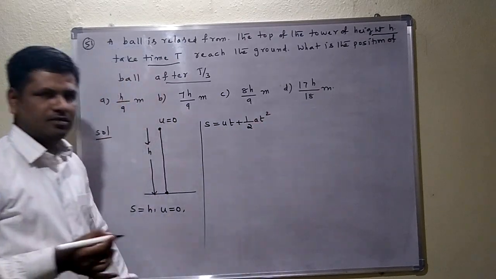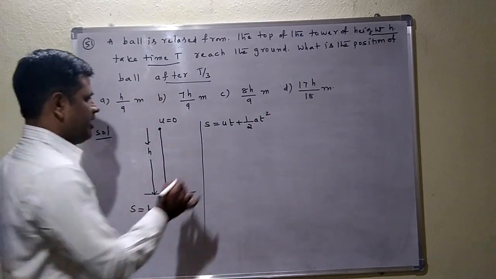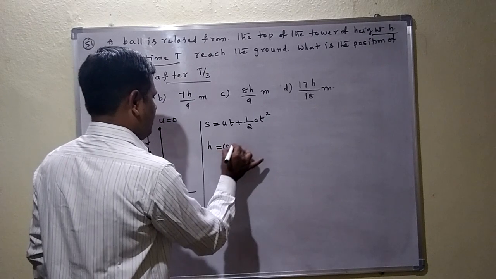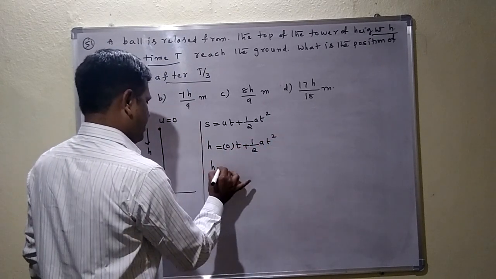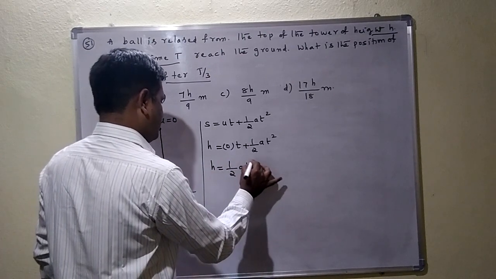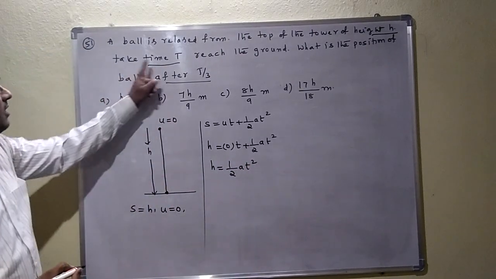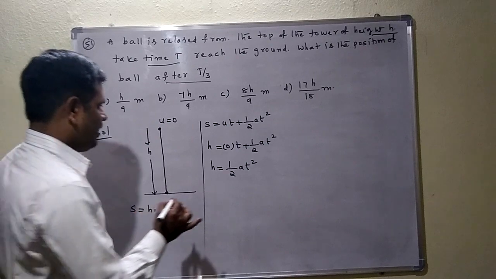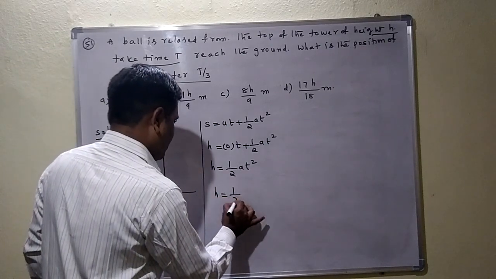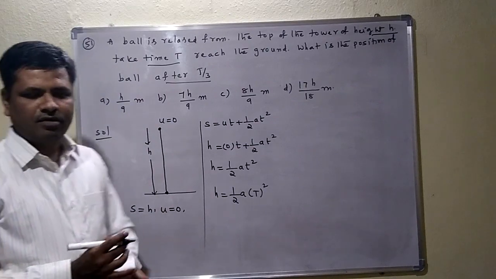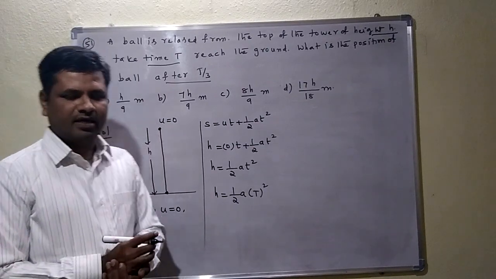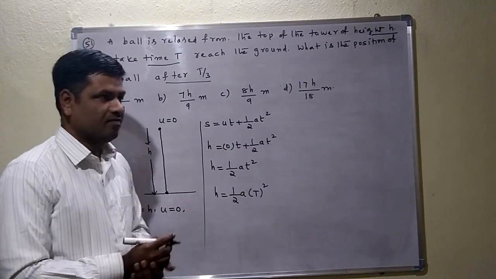Now s is equal to h, 0 into t plus half at square. So h is equal to half at square, this is the formula we are getting. But the time is given as t. So the height h is equal to half into a into t square. This is the h we are getting.